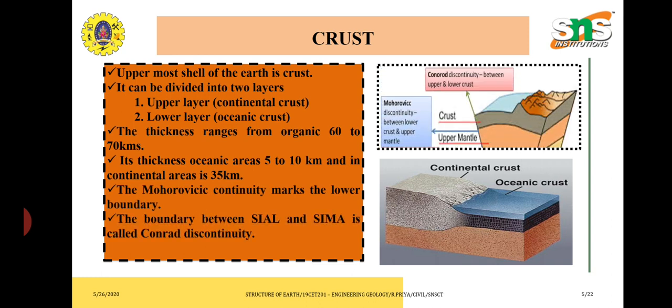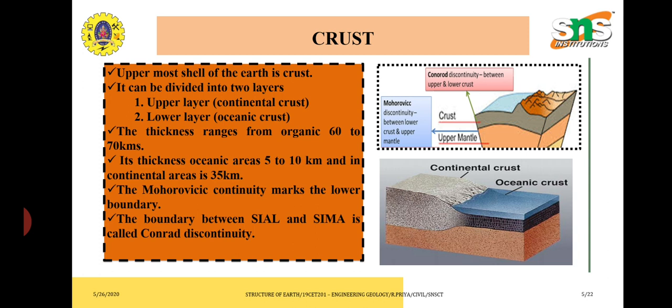The boundary which marks between the upper crust and the lower crust is known as the Conrad discontinuity. The Conrad discontinuity is a boundary which separates the upper crust and the lower crust.